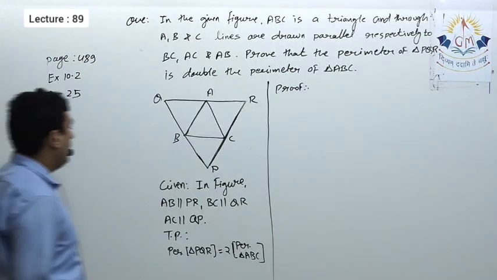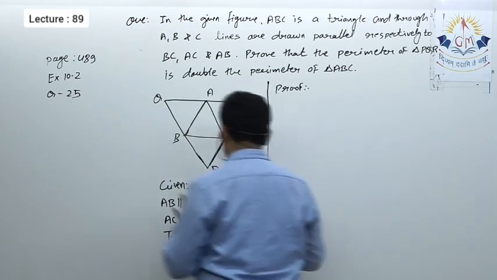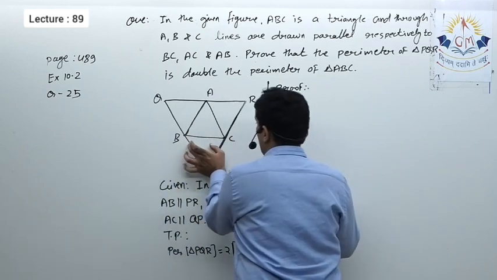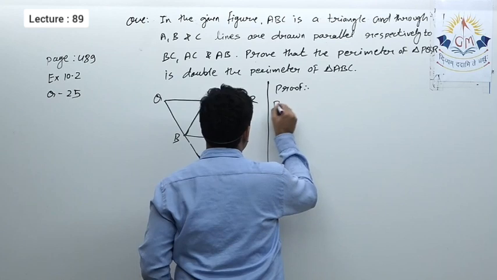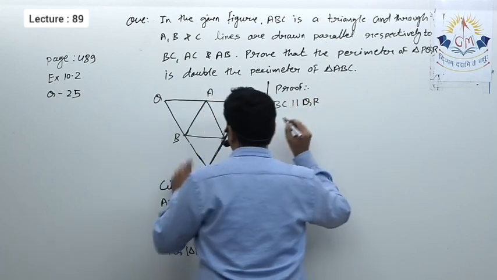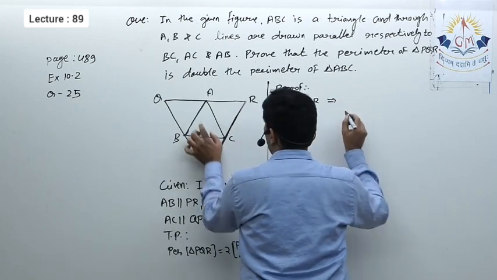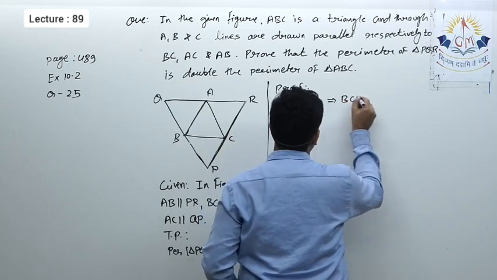Okay, let us see how to prove this. It's a little bit lengthy question, so I'll give you the proof in short. It is given BC parallel QR, therefore I can say BC parallel AR, isn't it?